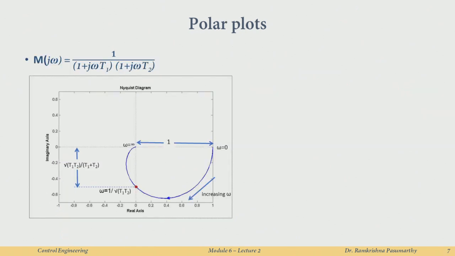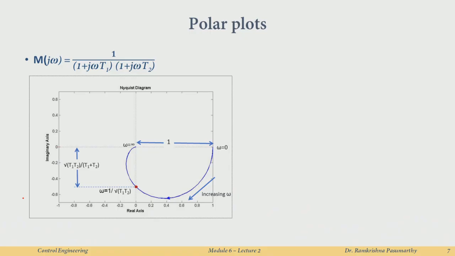So the next thing, what happens if I have two poles, 1 plus j omega t1, 1 plus j omega t2? Just be careful when you do these polar plots: your transfer function should always be in the time constant form, not like s plus 1, but something like j omega t1 plus 1.